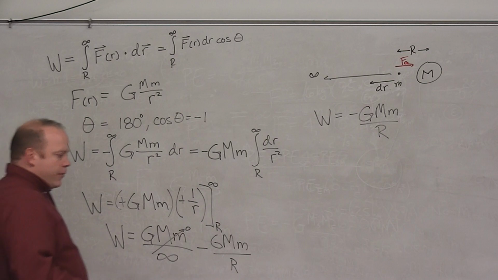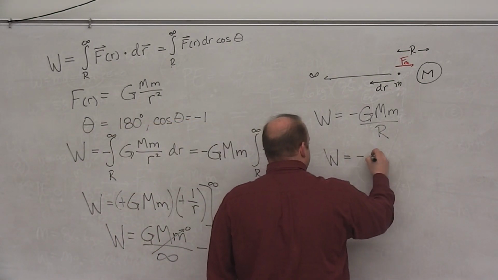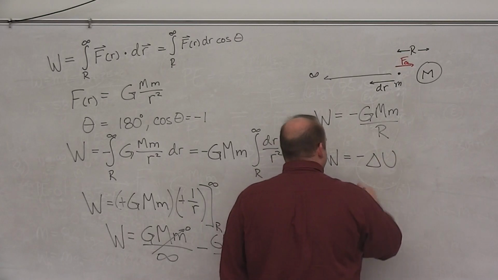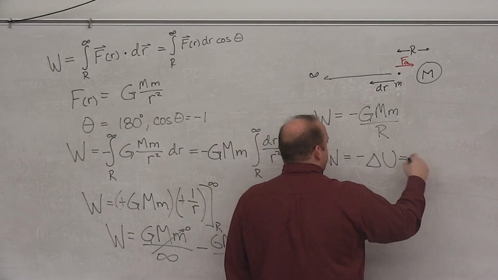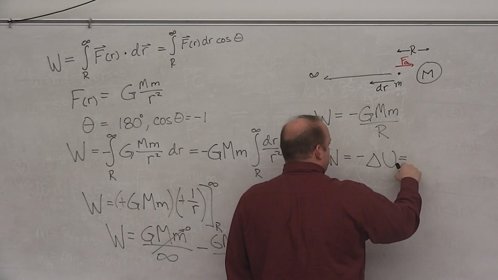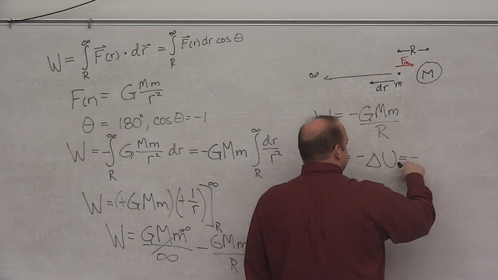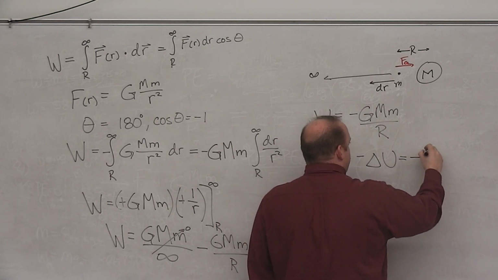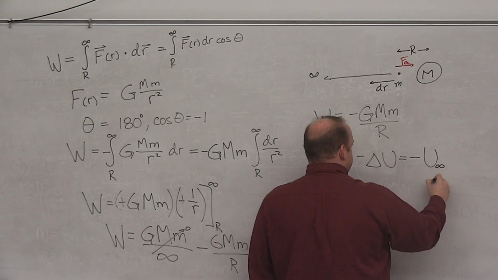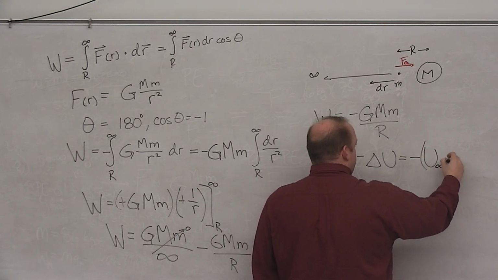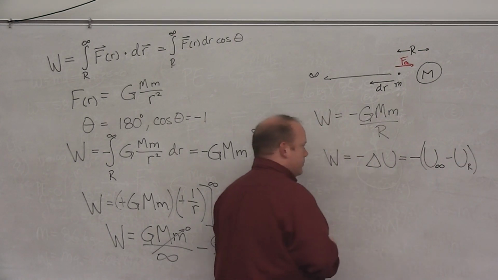Remember, we said work was equal to a negative change in potential energy. So in this case, this is going to go from negative, it's going to be U final, which is U at infinity, minus U initial, which is the potential energy at R.